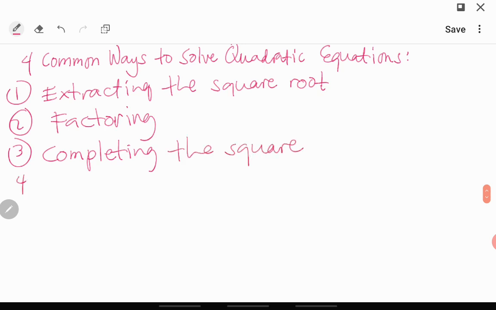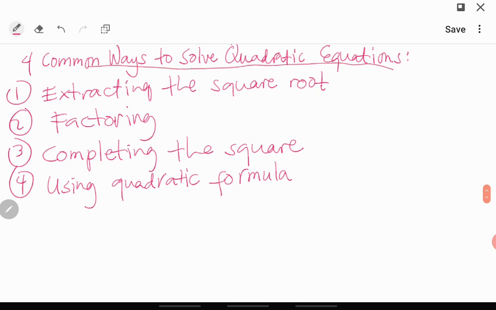Tapos ang panghuli, pag hindi mo pa na-solve using number 1, 2, at 3, saka ka nagagamit ng quadratic formula. So, using quadratic formula. So, these are the 4 common ways to solve quadratic equations. Okay, and we will be starting with number 1, which is extracting the square root.